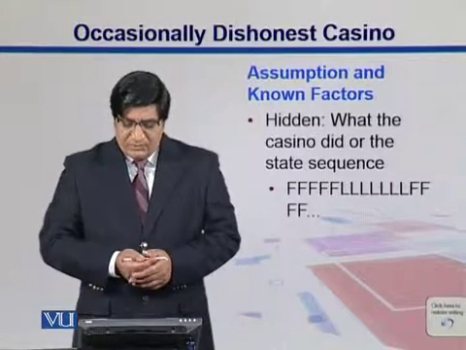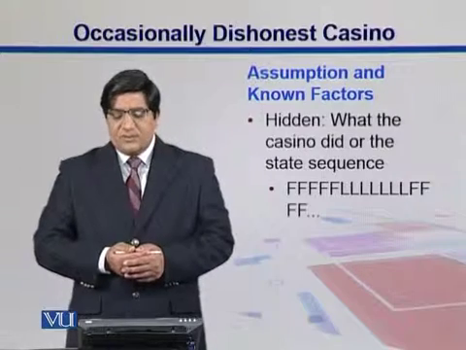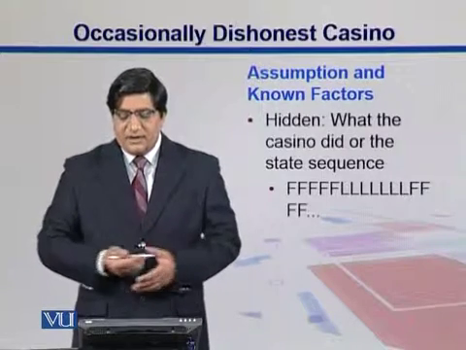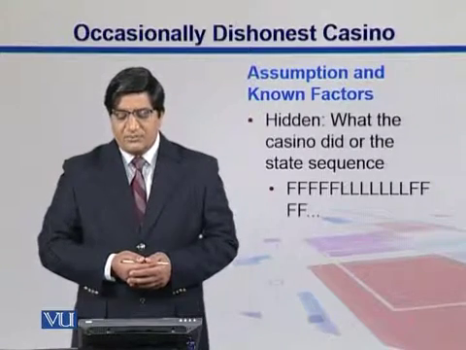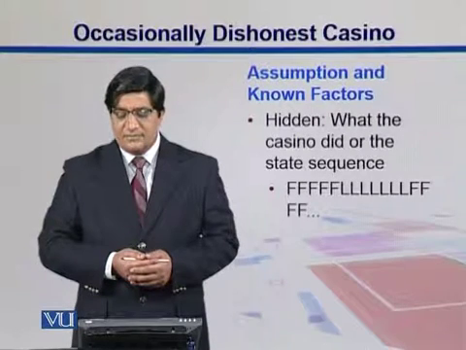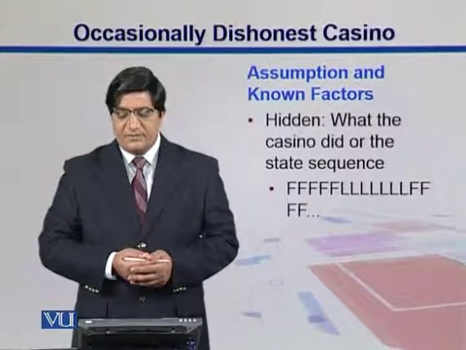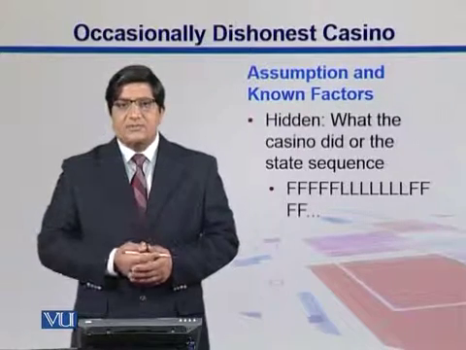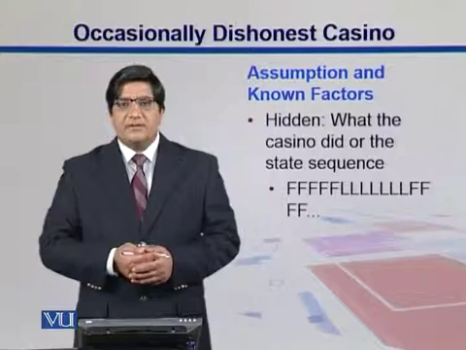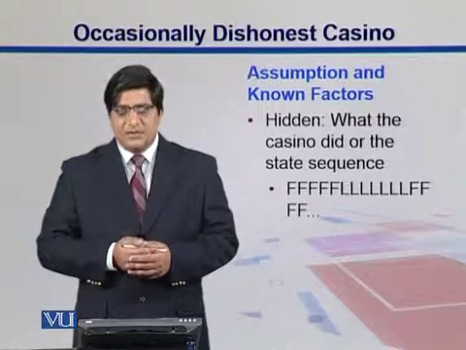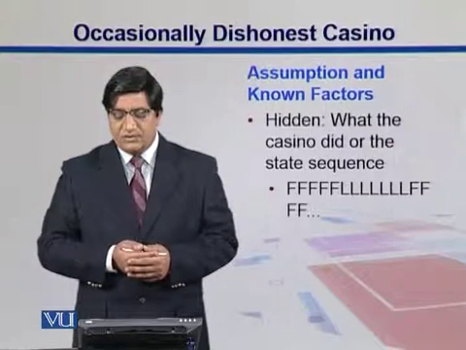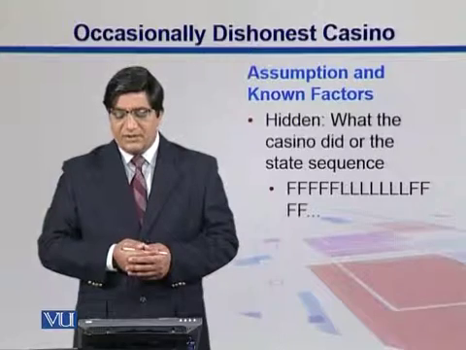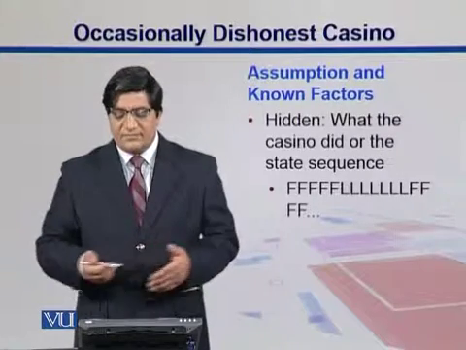So how can we use this information? What part is hidden in this? What the casino did, the state sequence, is hidden. We need to look into those chains of events and try to use our own judgment. For example, here we get fair, and then they use loaded, and then they use fair. That kind of thing is hidden.